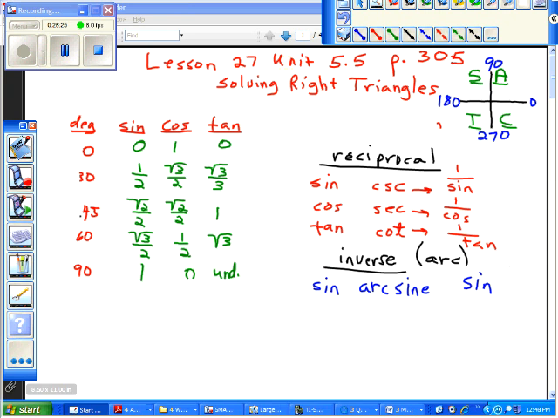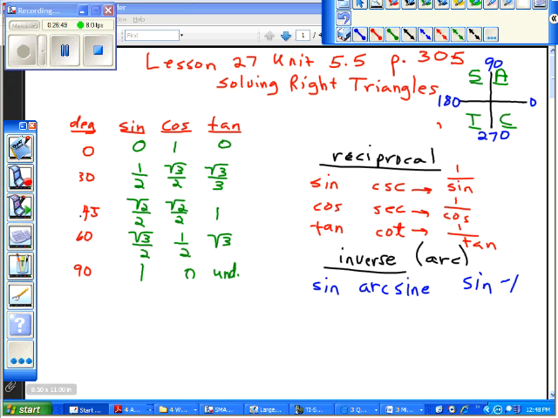Now, this creates a problem that we've talked about before. A -1 exponent really means the reciprocal, but it doesn't on these functions. Okay? It can't on these functions. So the button on the calculator that's sine -1 doesn't mean the reciprocal of it. It means arc sine. That's how you read it. And it's how you undo sine.